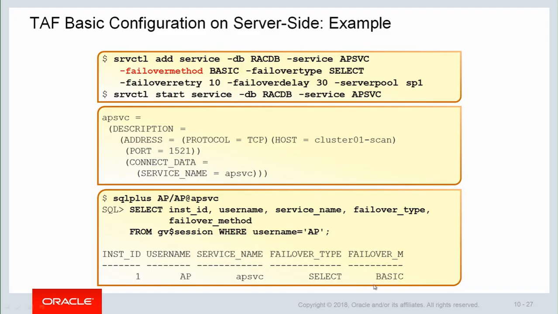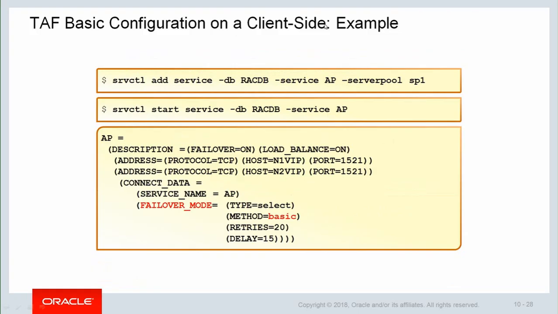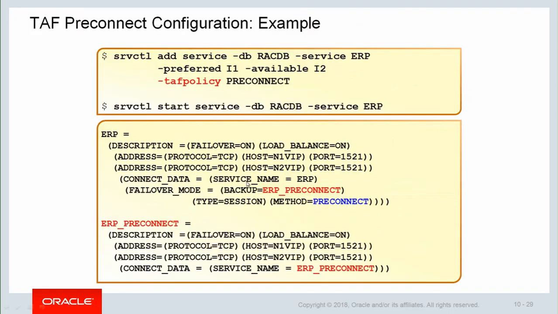And finally, you will see that we made a connection through a service where TAF is enabled. On the client side, you can also configure TAF as well. So this is an old method. But we still need a client-side configuration if you are using the pre-connect method. Okay?